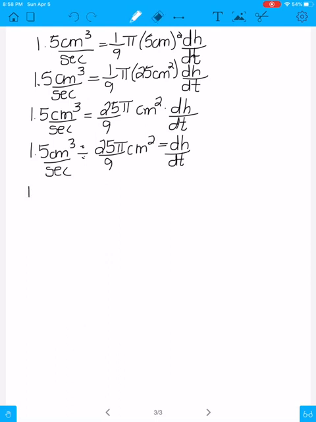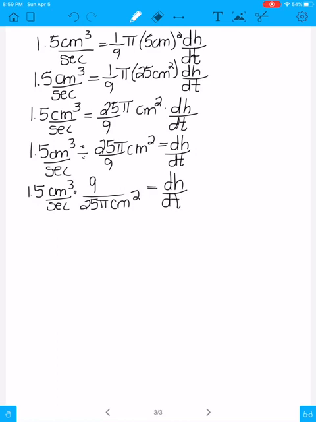So I'm going to get 1.5 centimeters cubed per second times 9 over 25 pi centimeters squared equals dh over dt.